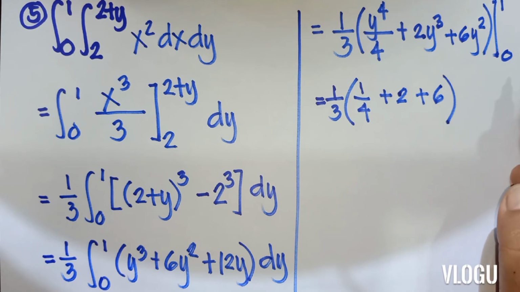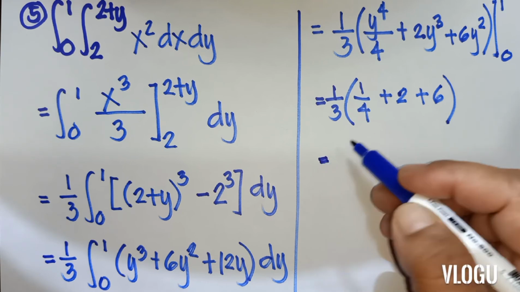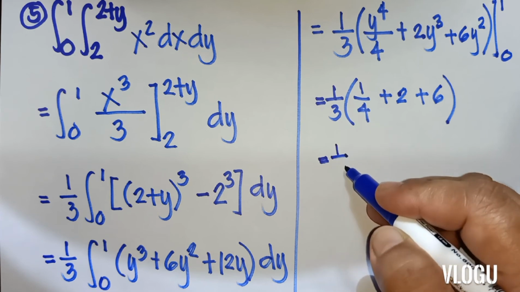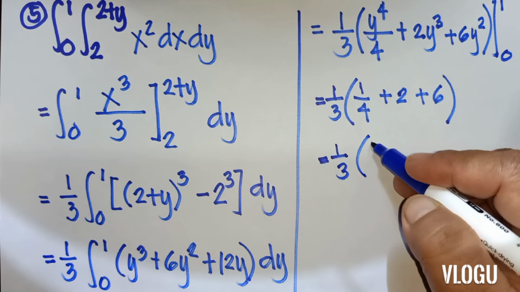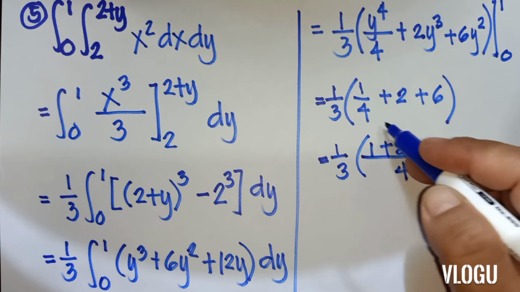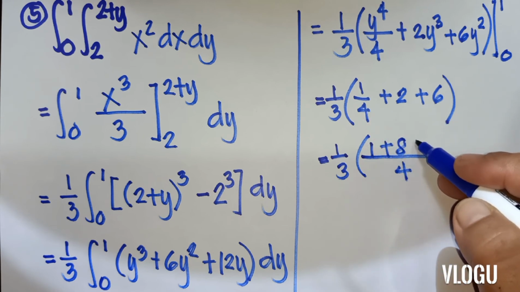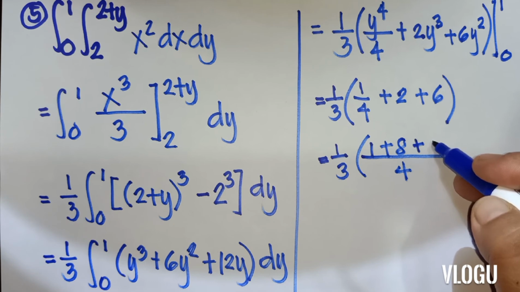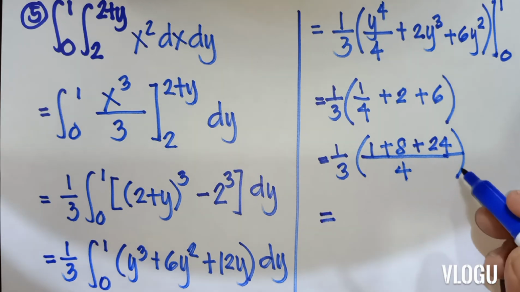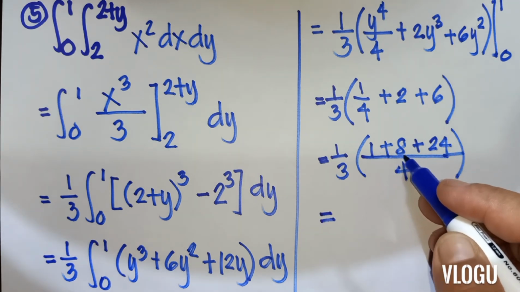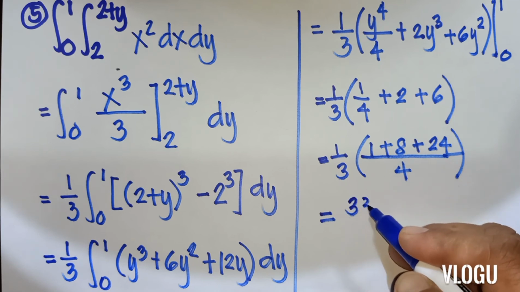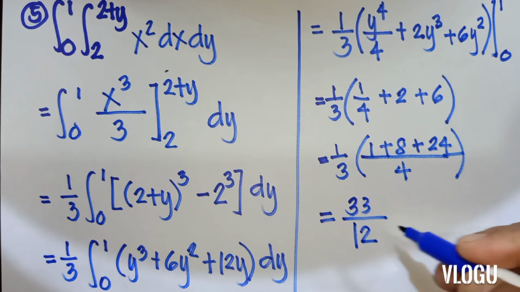So you will have 1/3 times 1 plus 8, since 4 times 2 is 8, plus 24. So 24 plus 1 is 25, plus 8 is 33. So 33 over 12 is now our final answer.